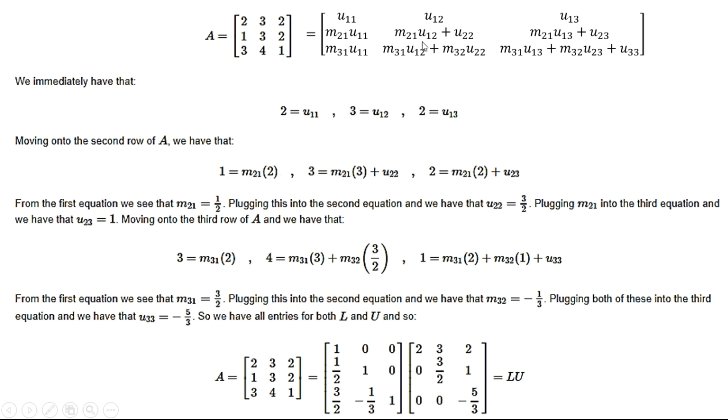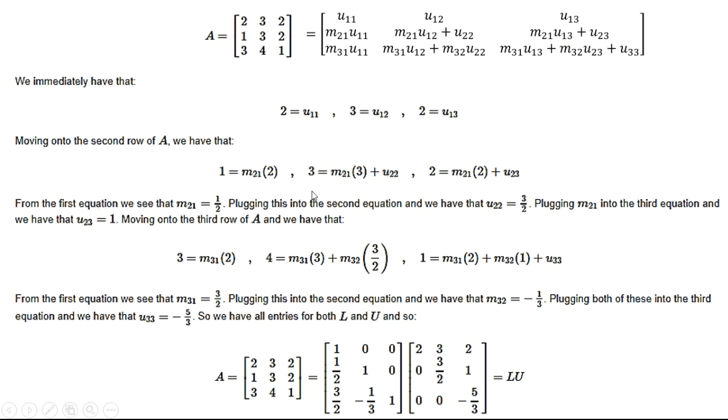And in the same way, now we know the value of m21 and the value of u12 from here. By substituting the value of m21 and u12 and putting this equal to 3, we will get the value of u22, and in the same way we can find the value of u23 from here.